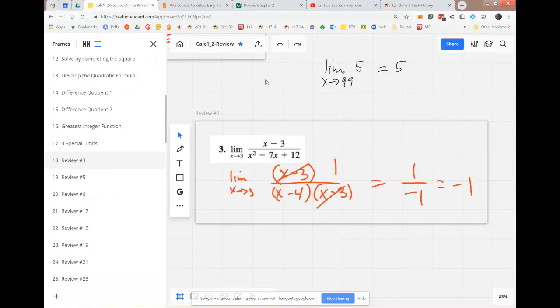When I factor it, I can cancel the x plus 3's. And what's the limit as x approaches 3? Well, 3 minus 4 is -1, so 1 over -1, and now it's just simple arithmetic. So the limit of that as x approaches 3 is -1.